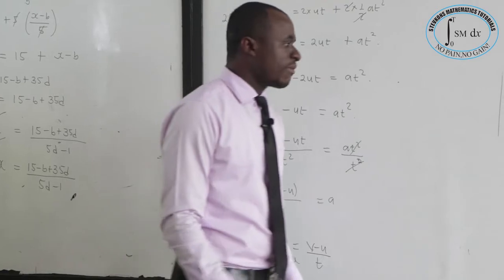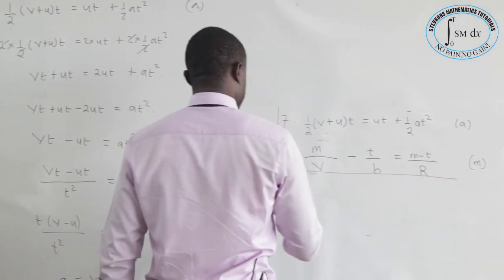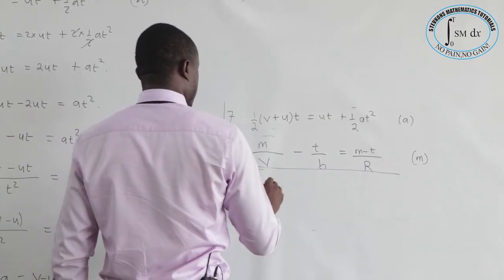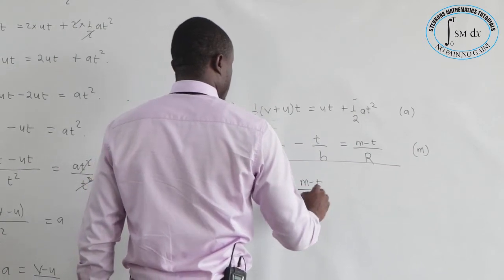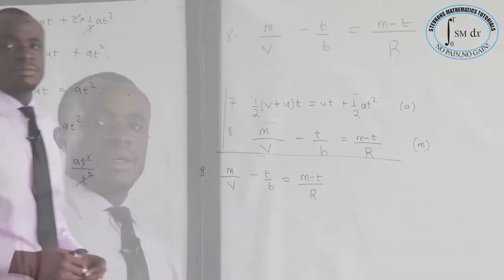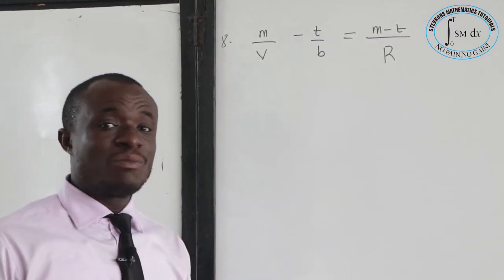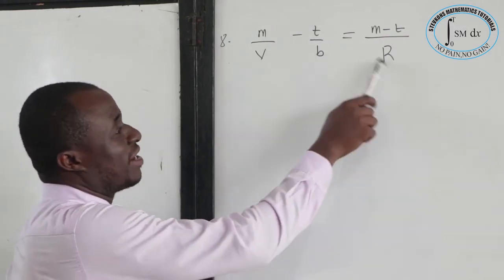Now, our last one is question number 8. You have m over v minus t over b equal to m minus t all over r. Now this is the last one, and what is the LCM? The LCM is the multiplication of the denominators. In this case, it is vbr.